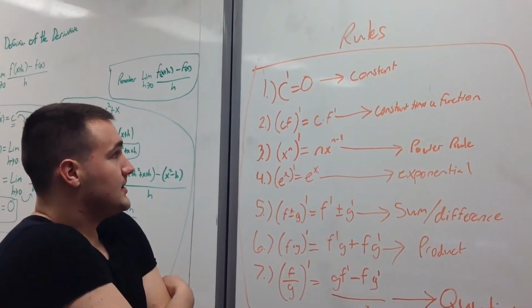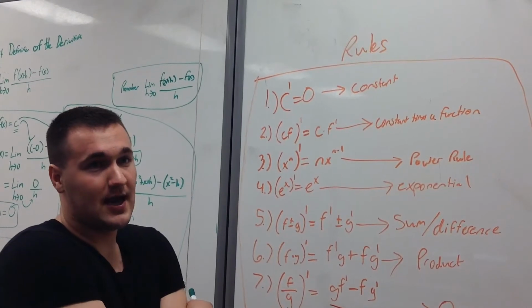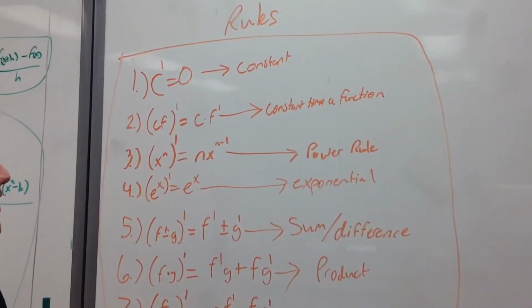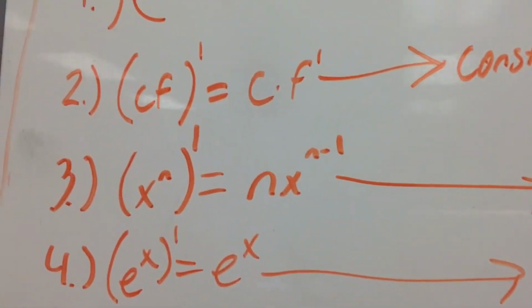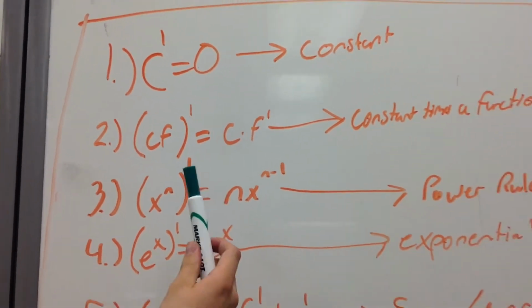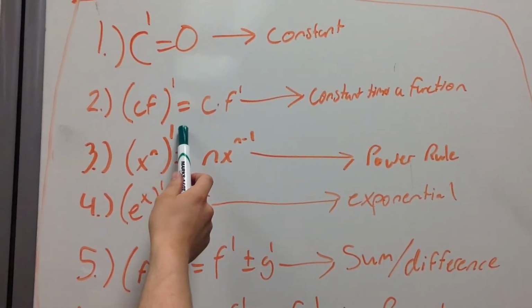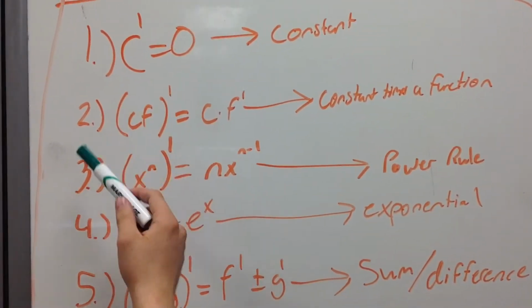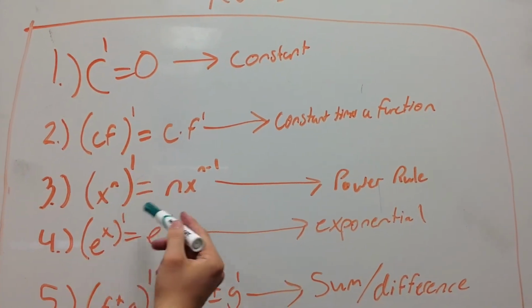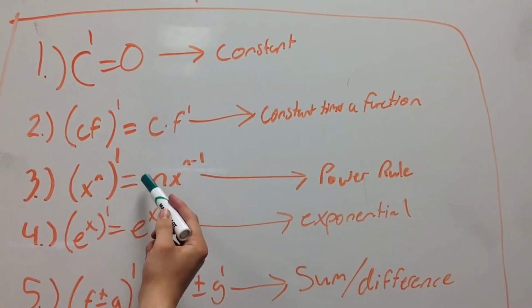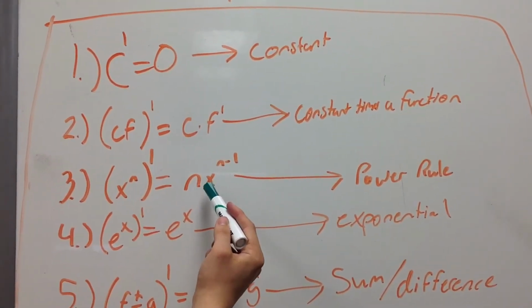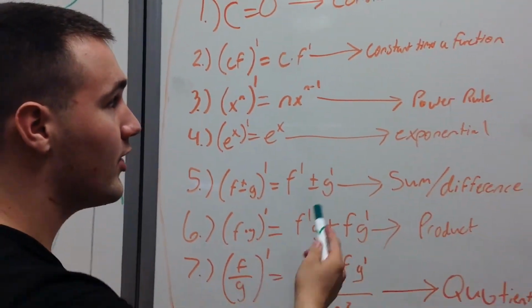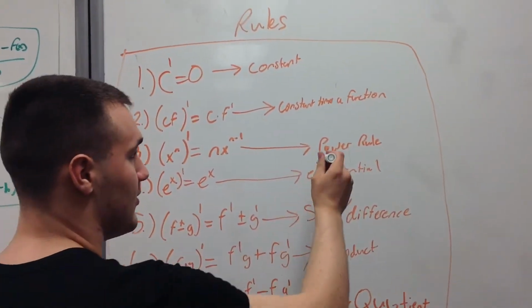If you have a constant times a function, like 3 times x squared, it will always be c times your function. And if you have an exponent, like x squared, and you take the prime of it, you pull down the exponent, so it would be 2x, and then minus 1 from the exponent, so you're not left with an exponent anymore. That's called the power rule.